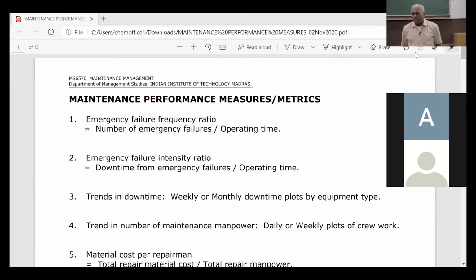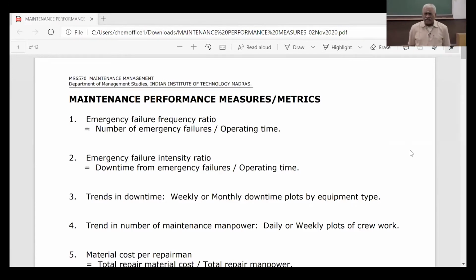So those were the five measures that we discussed yesterday: emergency failure frequency ratio, emergency failure intensity ratio, the trends in the downtime, either bar charts or line plots, as will be applicable depending on the nature of the data, the trend in the number of maintenance manpower, the crew.